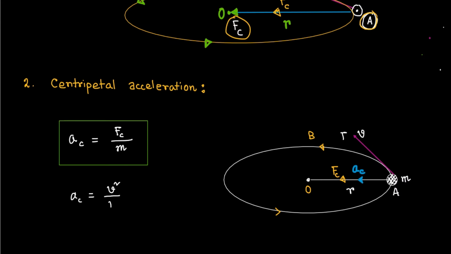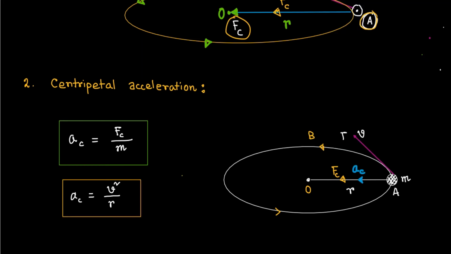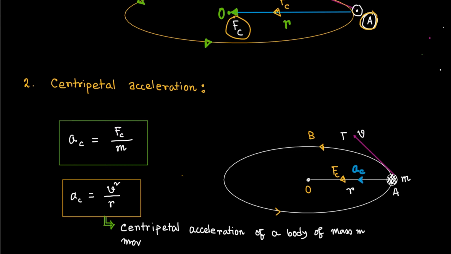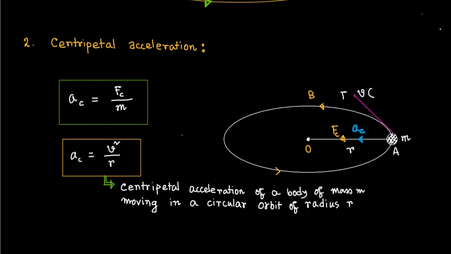So we can prove that ac equal v square by r, which is the main expression of centripetal acceleration. ac equal v square by r, square of linear velocity divided by radius of the circular orbit, which is centripetal acceleration, which acts radially inwards. ac equal v square by r, which is the centripetal acceleration of a body of mass m moving in a circular orbit of radius r.